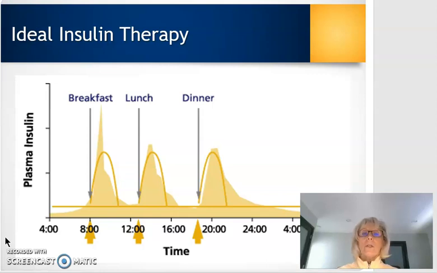When you have lunch, the next time you eat, you want insulin to be given so it can mimic the body's normal production of insulin when you eat at lunch and again at dinner time. So keep that in mind so you can understand why we mix insulins and why patients might need multiple injections of insulin over time, because we might need to dose them at breakfast, before lunch, and before dinner, and also give the patient a basal insulin. So that is not uncommon.